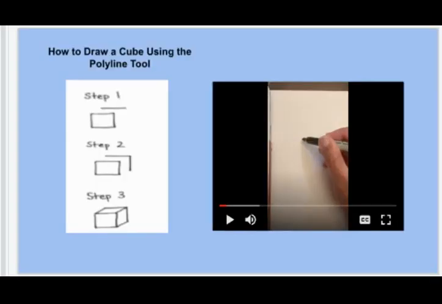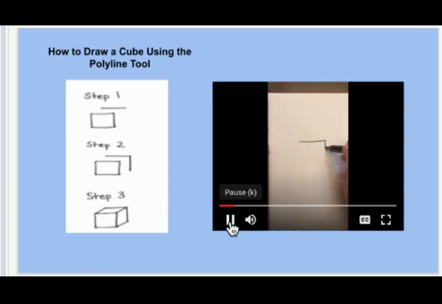In a previous video, we learned how to draw a cube using the polyline tool. But today, I'm going to teach you how to draw a cube on paper. So what I like to do first is draw a square. It's not perfect.